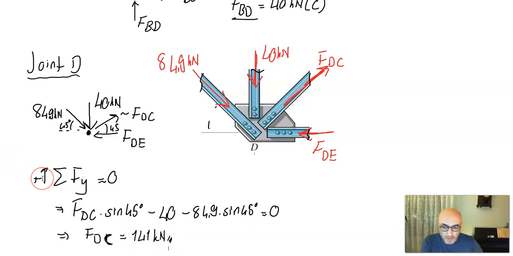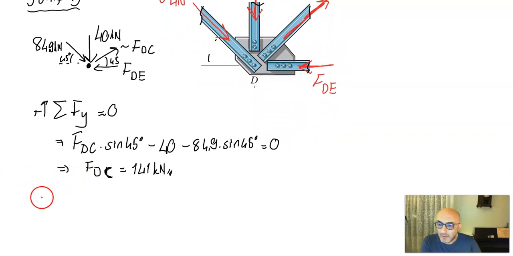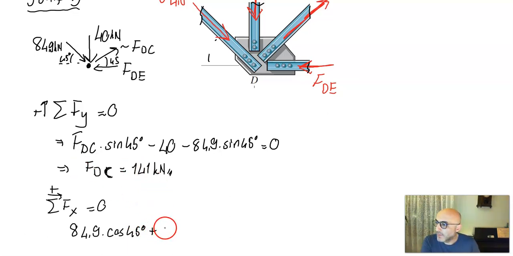For the sum of the forces in the x direction, which is equal to 0, I'm having the x component of the inclined force, 84.9 kilonewton times cosine 45 degree, plus FDC, 141, which is the x component of FDC, so 141 times cosine 45 degree, minus FDE, which is this one.